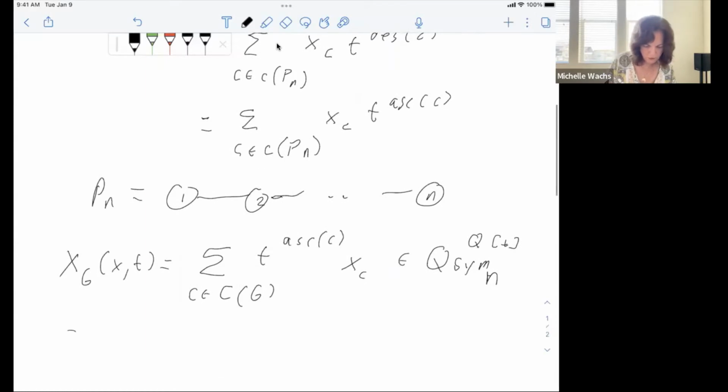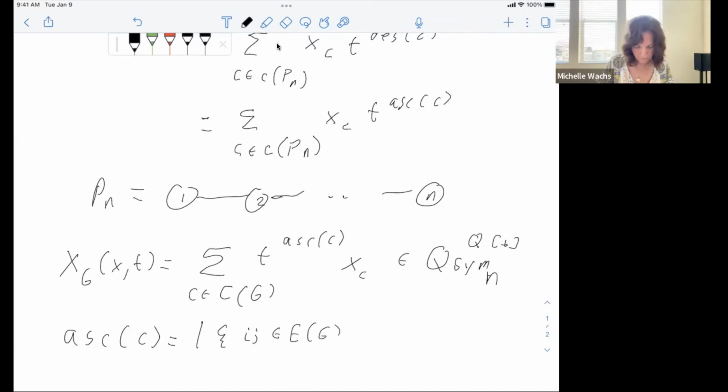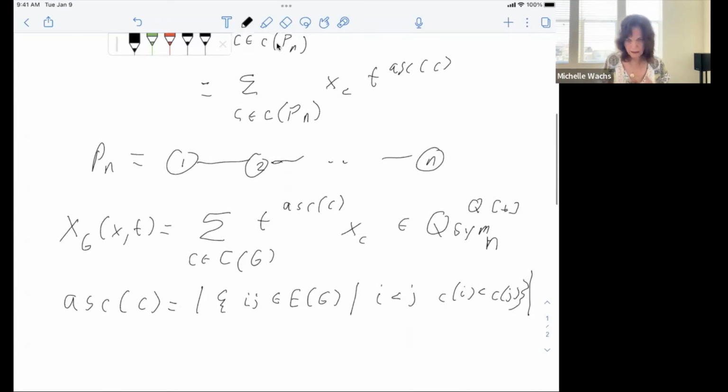And just to review, the ascent set of a coloring C is the number of edges where i is less than j, and the color of i is less than the color of j. So the coloring order is consistent with the vertex order.